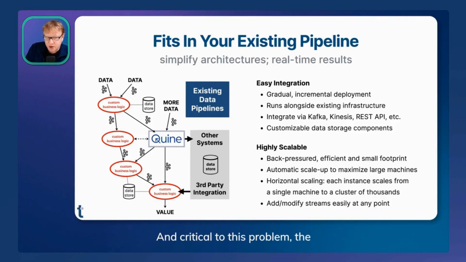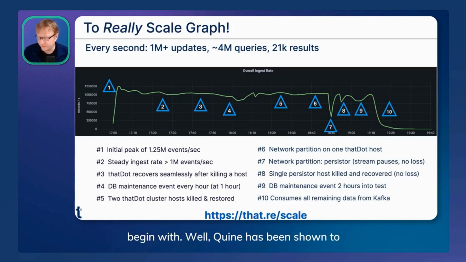And critical to this problem, the Achilles heel for graph systems like this has been this challenge of scale. You build data pipelines because you've got a lot of data to work with to begin with. Well, Quine has been shown to scale beyond millions of events per second.